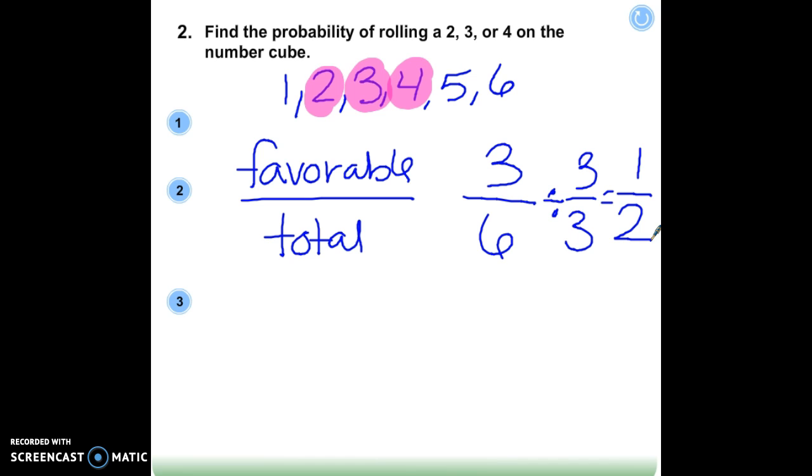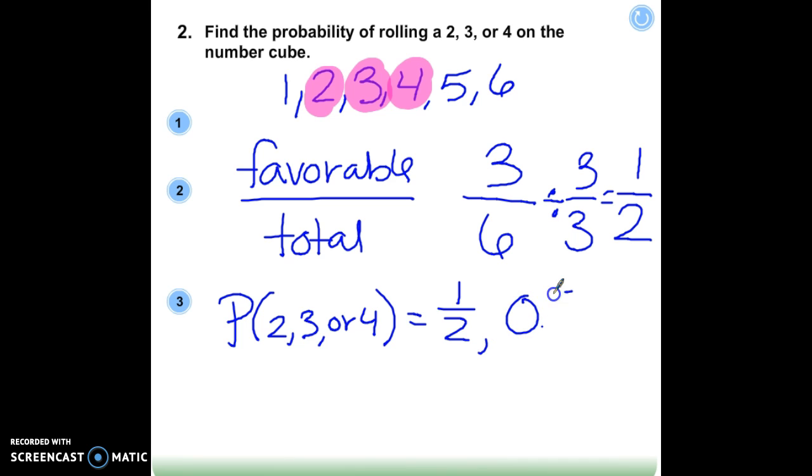So if we were writing our probability of rolling a 2, 3, or 4, we would write it as 1/2, 5/10, or 50%. So those would all 3 be our answers.